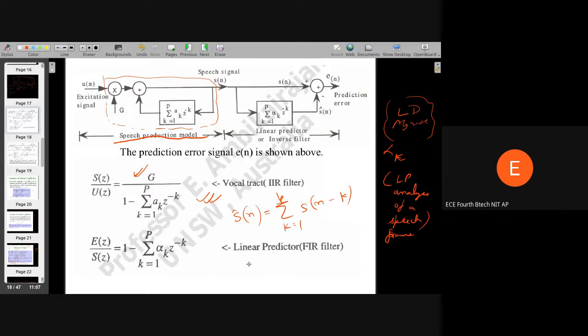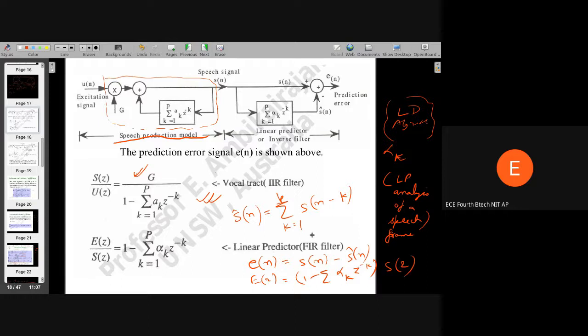And we have this error, which we want to make 0, s(n) minus s-hat of n. So you can represent all this. This is E(z). If you represent it, this is what it will come out to be.